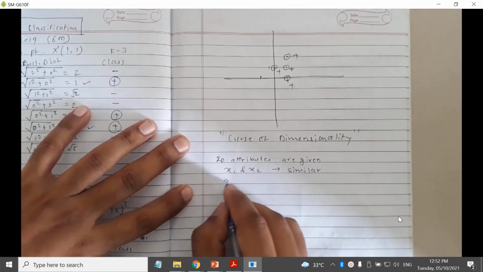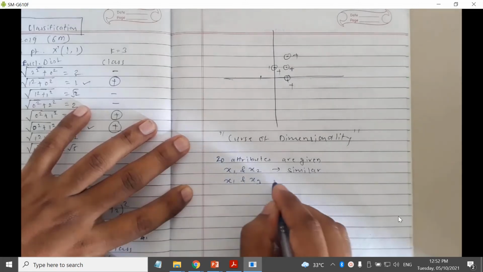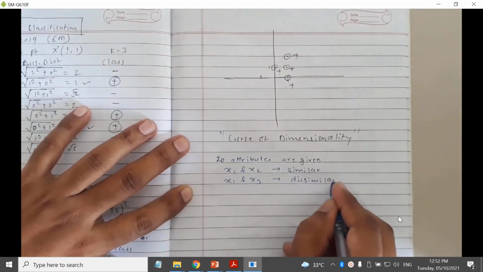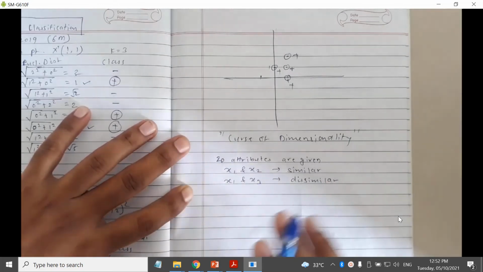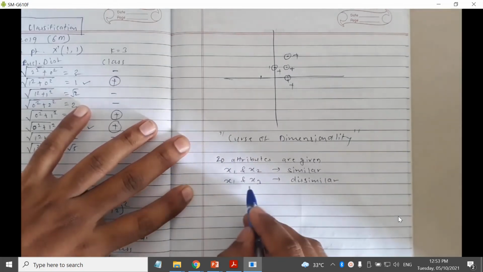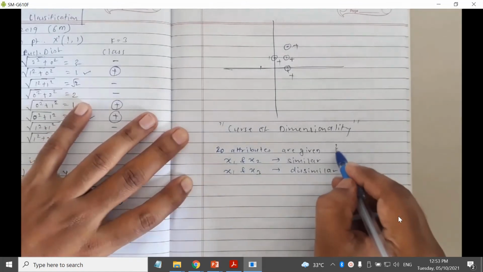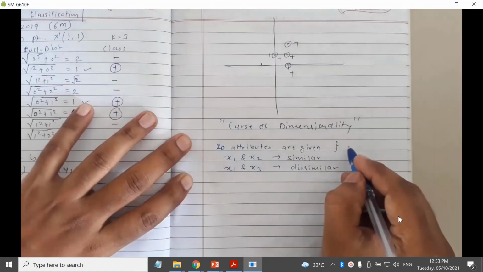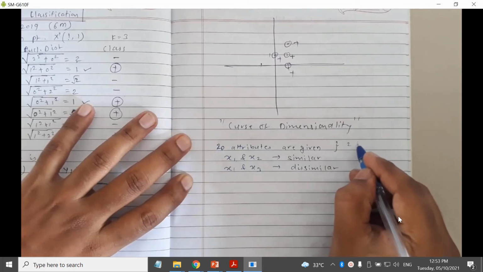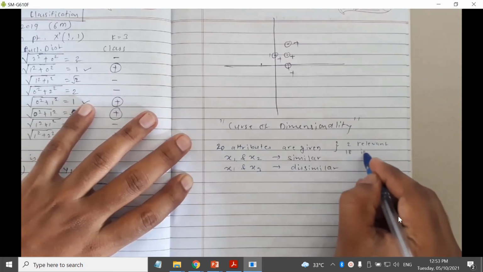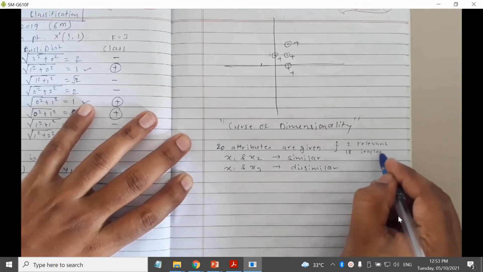And x1 and x3, they are very dissimilar. So we know this fact that x1 and x2 are similar, and x1 and x3 are very dissimilar. Now out of these, let's say only two are relevant and the rest 18 are irrelevant features.